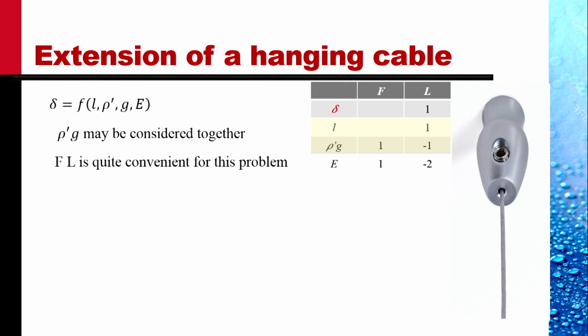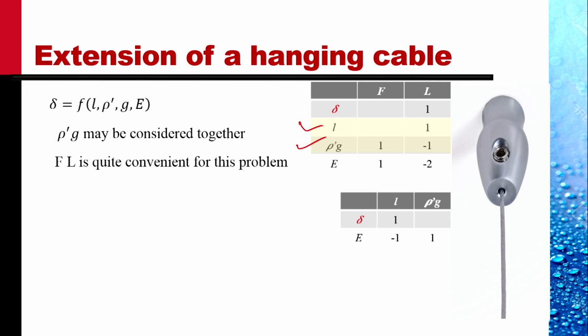So we choose L and rho prime g as the basic set, and in terms of this basic set, we obtain the dimension of delta as L raised to power 1 and of E as L raised to power minus 1 and rho prime g raised to power 1.